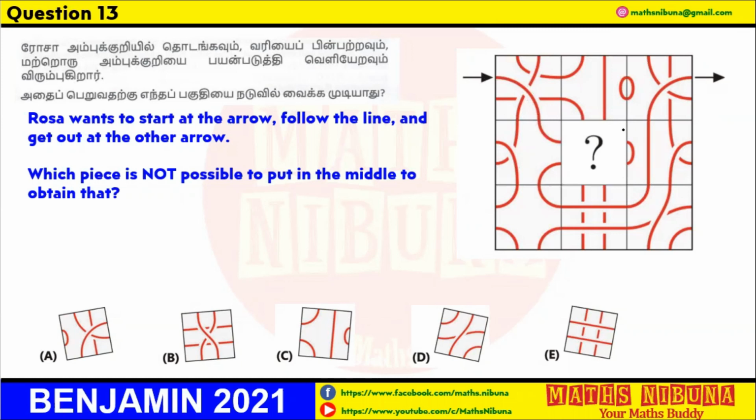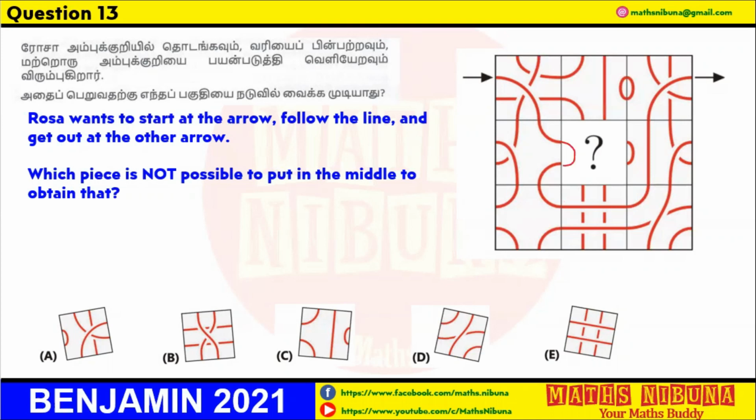So from here, what we do, we try to estimate, we try to do some conclusion where she can go. So when I see this one, from here, maybe she can go here and she comes here. That is maybe one route.